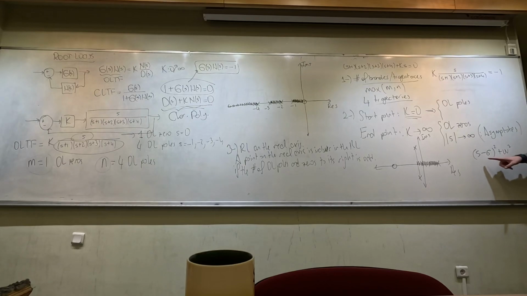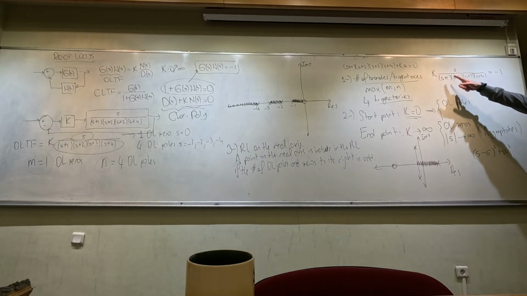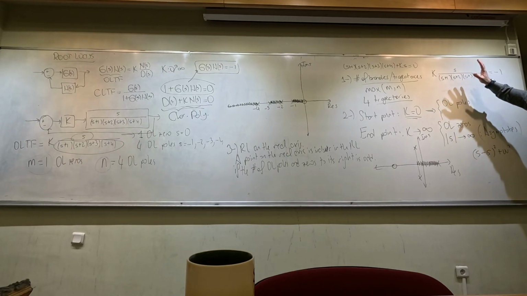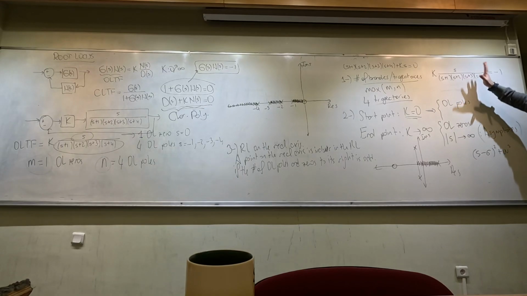Okay? And when I evaluate such a polynomial at any real number, I would always get a positive term. This is never going to be negative. Meaning that if I have such a term here in this ratio, it is never going to give me a negative number, so it is never going to be able to change the conclusions.